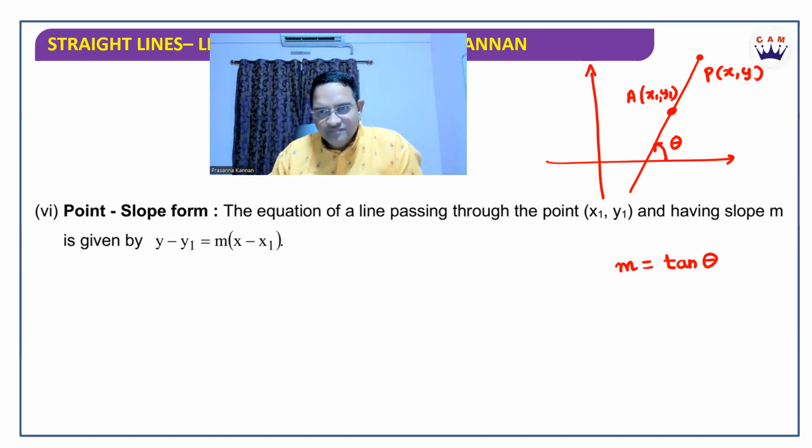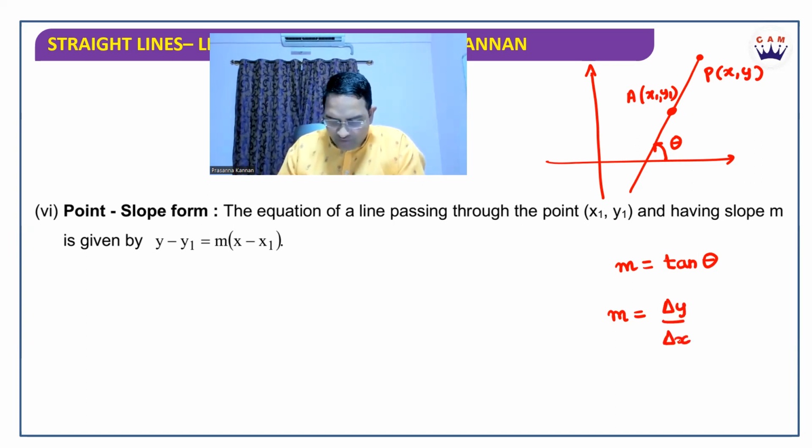Then how do I find the slope of a straight line if I know 2 points? Slope is nothing but change in y divided by change in x. Change in y means final value of y minus initial value of y, divided by change in x, which is final value of x minus initial value of x.